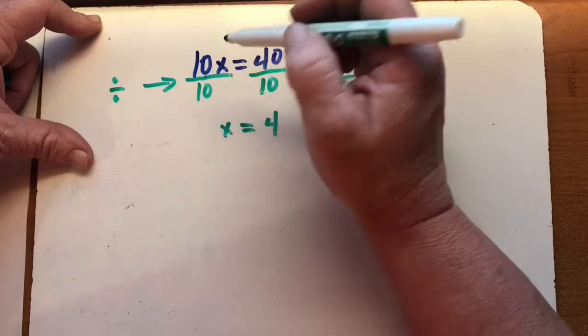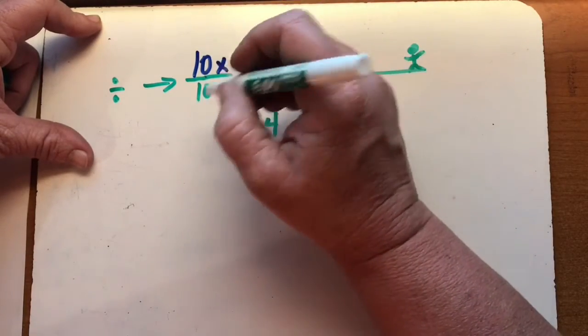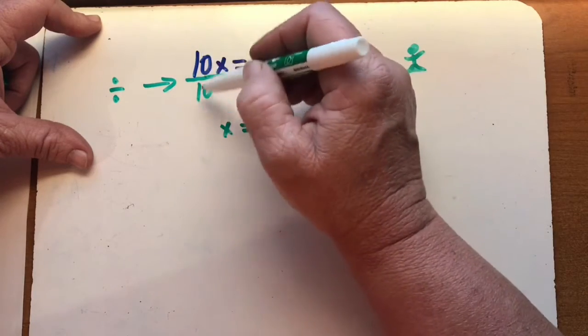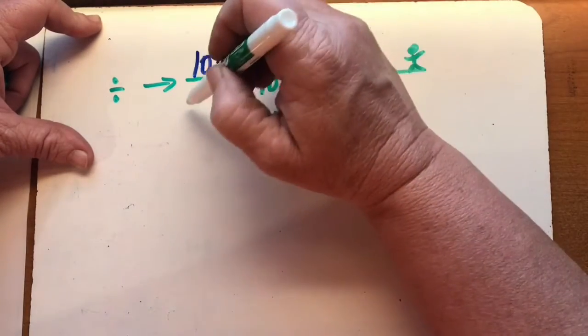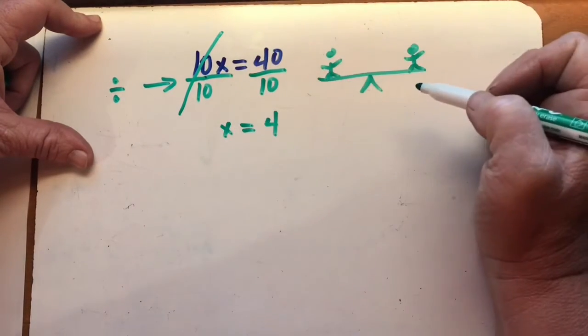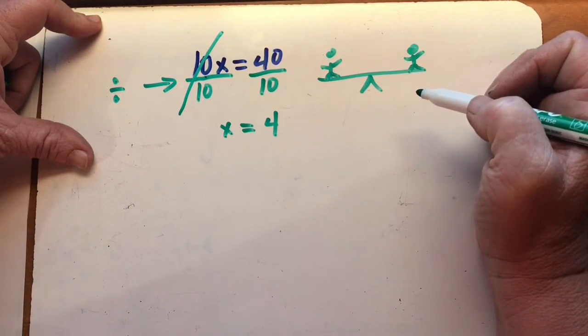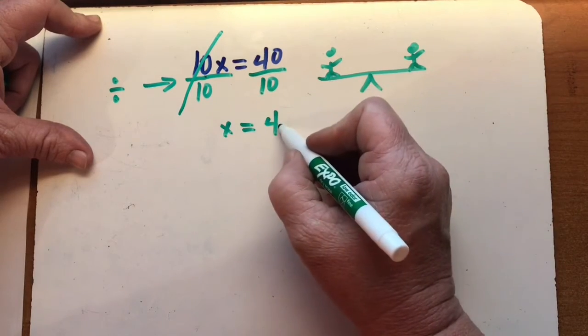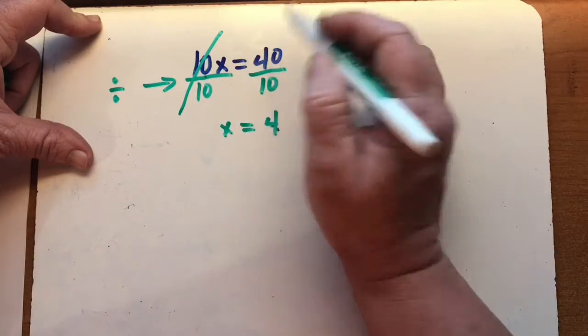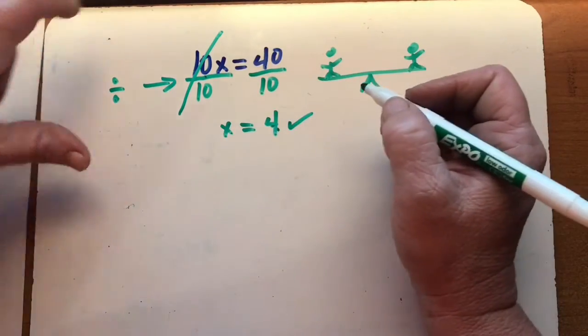In the last lesson, instead of writing a 0, we crossed out the things that went away. And even though this turned into a 1, it essentially went away. So we can just cross out the 10 there and just write the x. Then I can always plug this value in for x and double check. So 10 times 4 is 40, check. That's how I check.